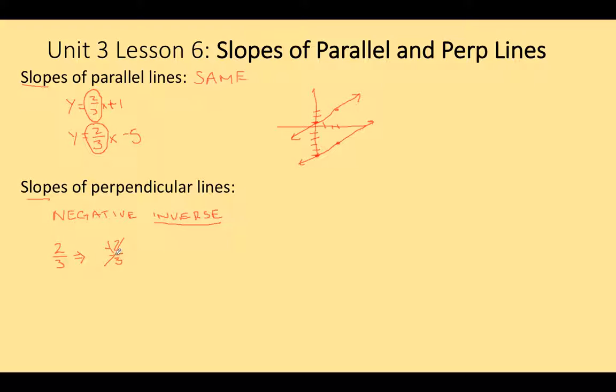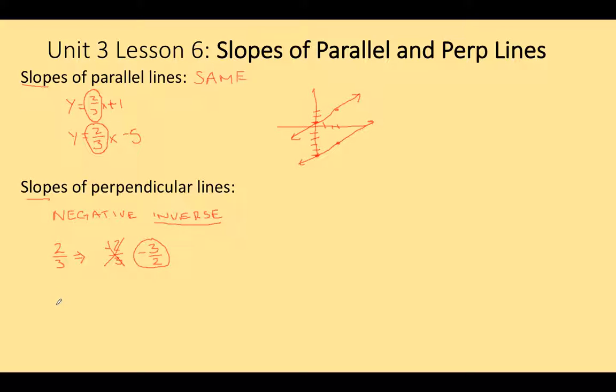So this isn't quite it. I would still have to go from positive to being negative, but inverse means you flip the fraction upside down. So 2/3 would become 3/2. -3/2 would be my negative inverse. Okay, so these two slopes would be perpendicular.